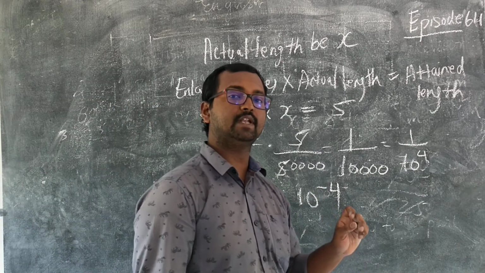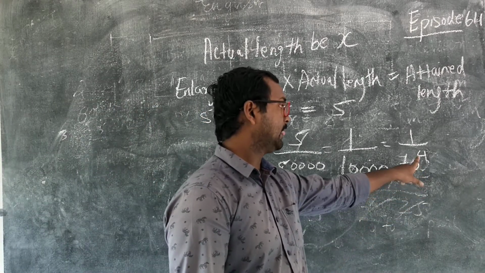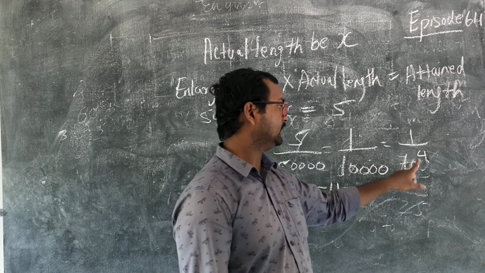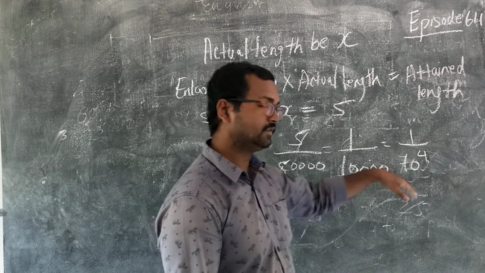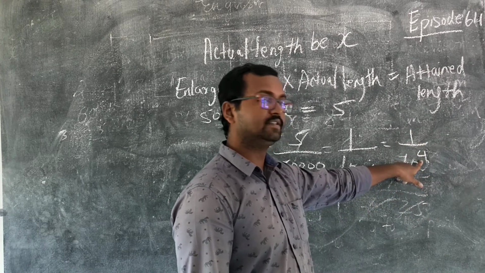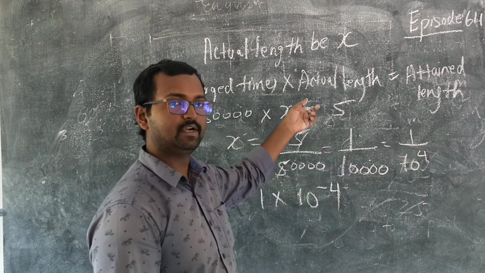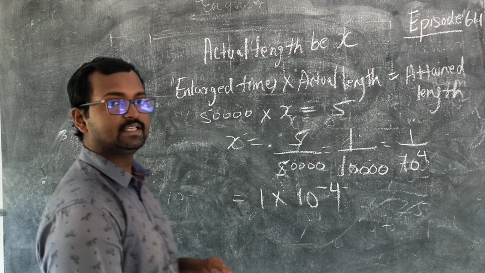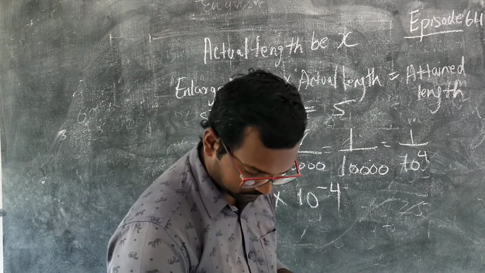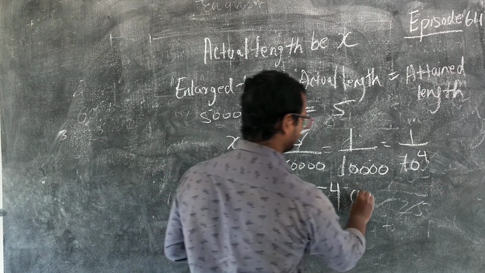I told you in the exponents chapter, whenever we have a number with a power in the denominator, we can move it to the numerator and the power will become minus. So the actual length is 1 into 10 power minus 4 centimeter.